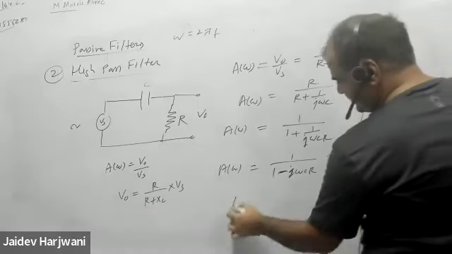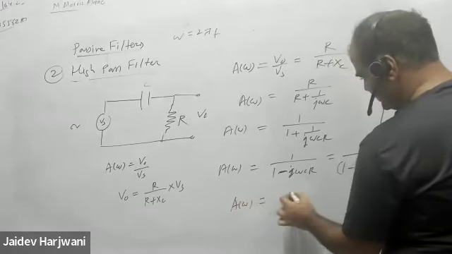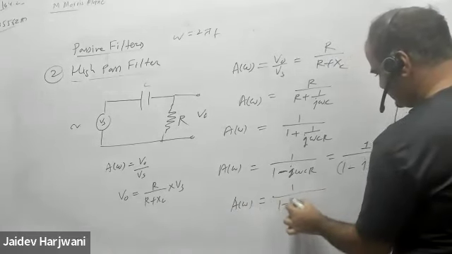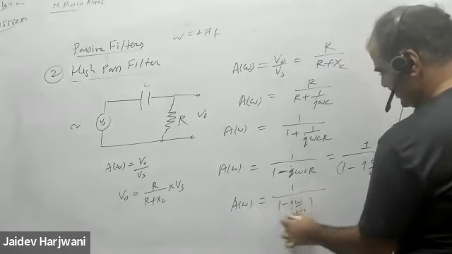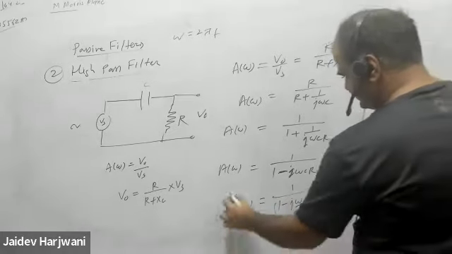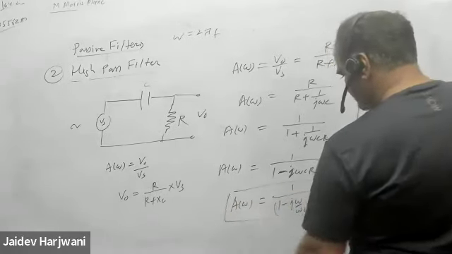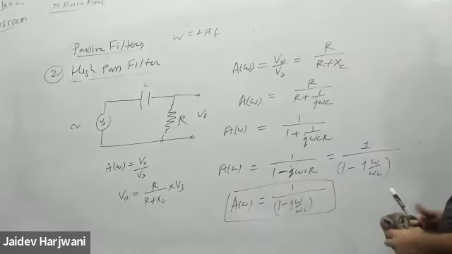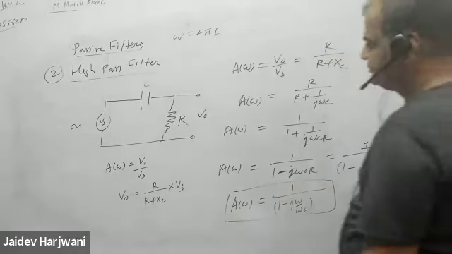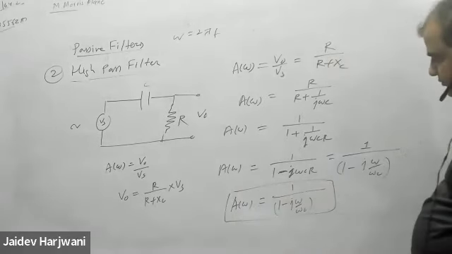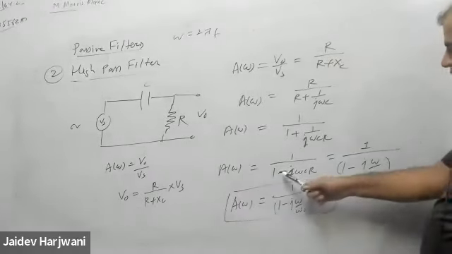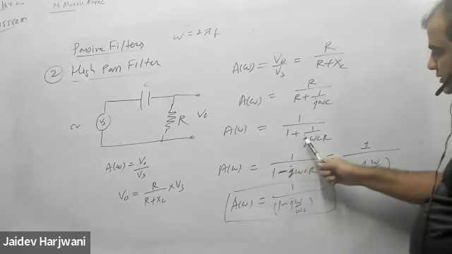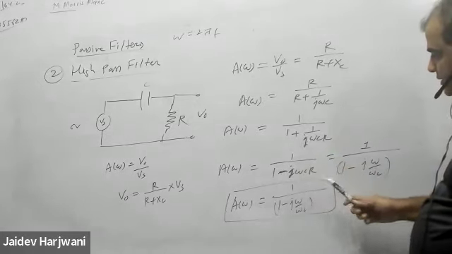So this is my expression for gain, 1 upon 1 minus j omega by omega C. And now you can write the phase as well as the magnitude. Sir, how did this omega and this minus come? Omega C was in the denominator, how did it go up?